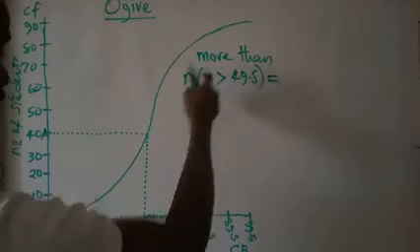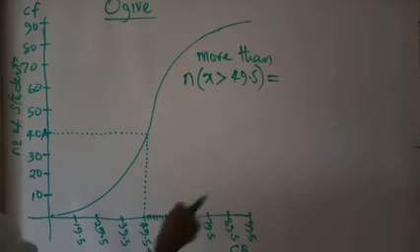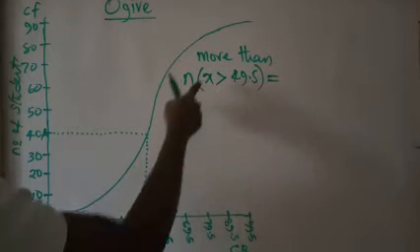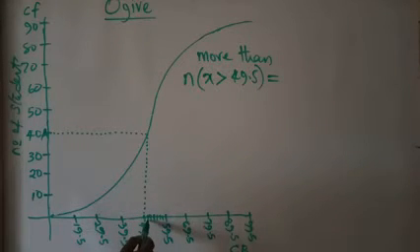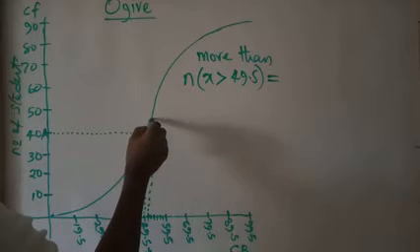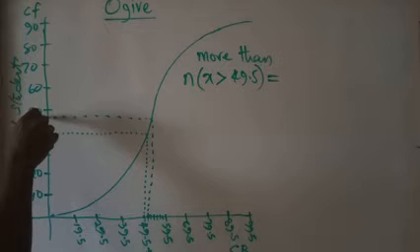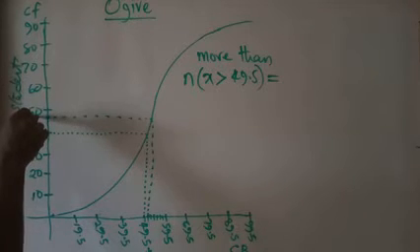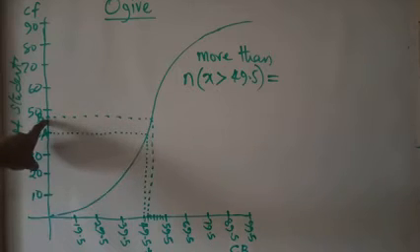They said more than. So that is more than. Closest mark higher than this. I will trace it to where. So let's say this is B. This is the number of students.